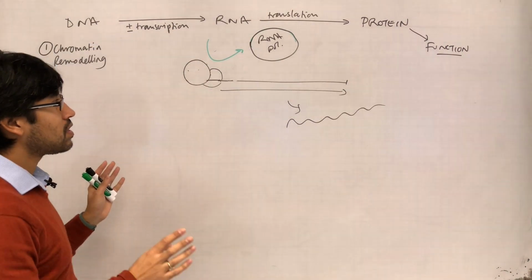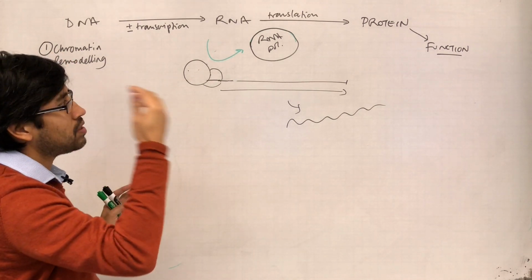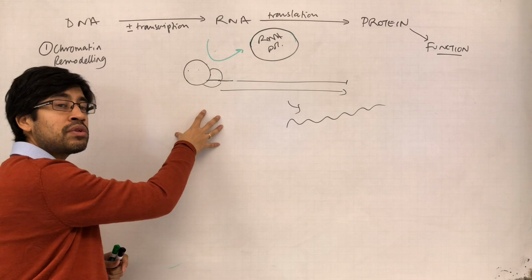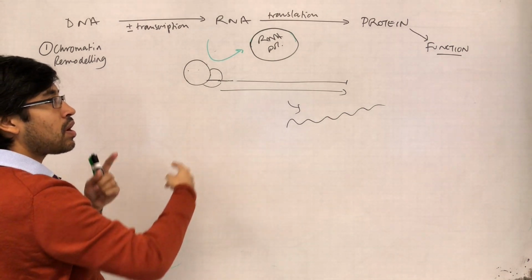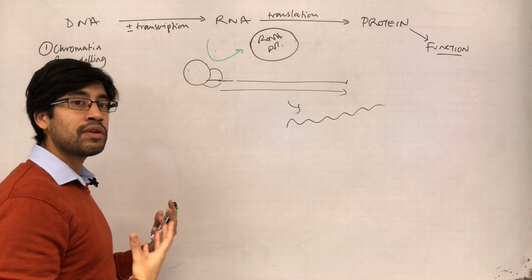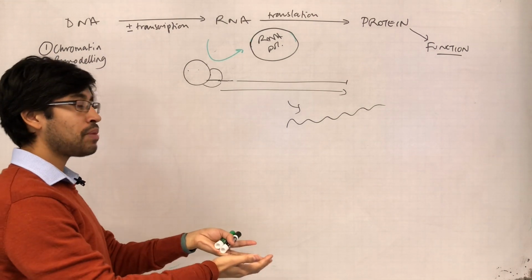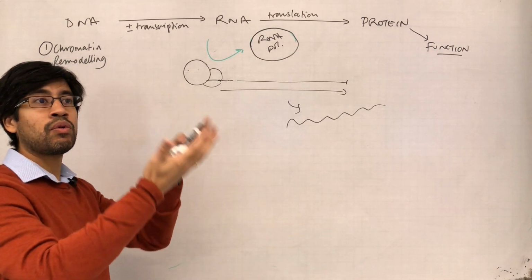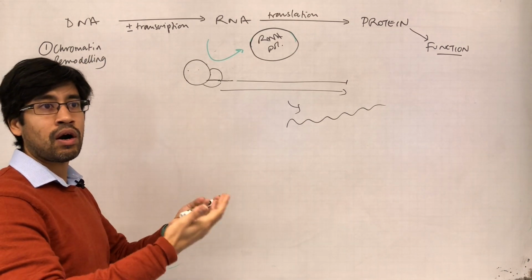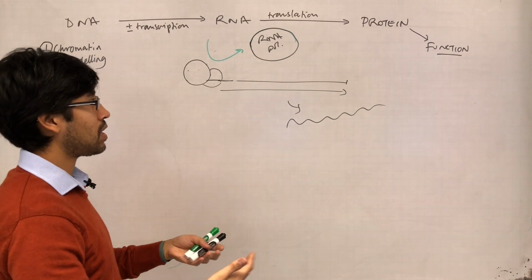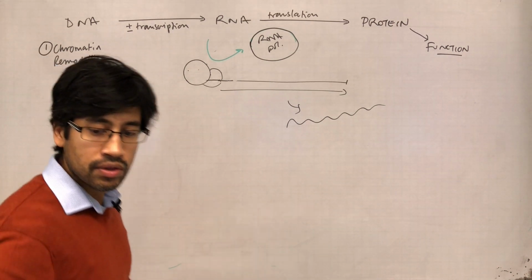The reason why understanding the Lac Operon is important is that it's an example of how other gene regulatory mechanisms take place, not only in bacteria, but if bacteria have it, then all the organisms that are more highly evolved than bacteria.